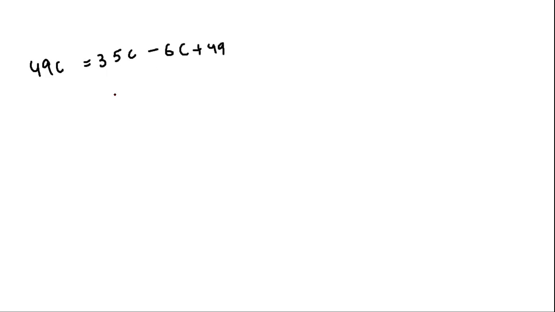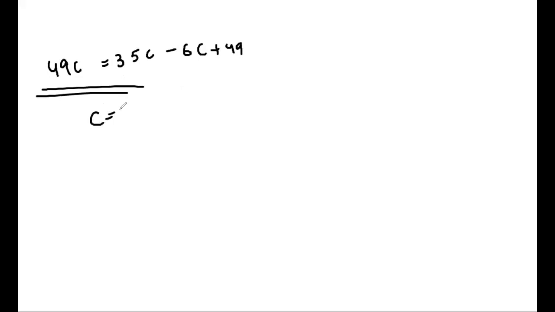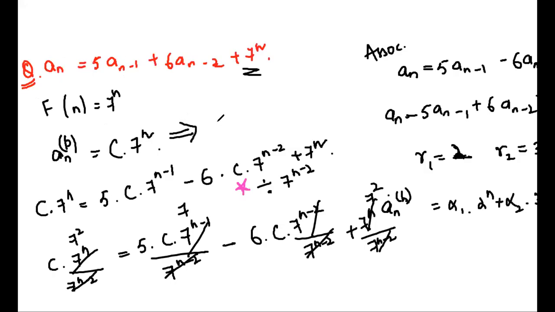Now if you solve this completely, you will get c value, which will be 49 by 20. Hence our solution an of p, which we have taken, let me mention it over here, this will be becoming, instead of c, let's write 49 by 20. So 49 by 20 into 7 power n.